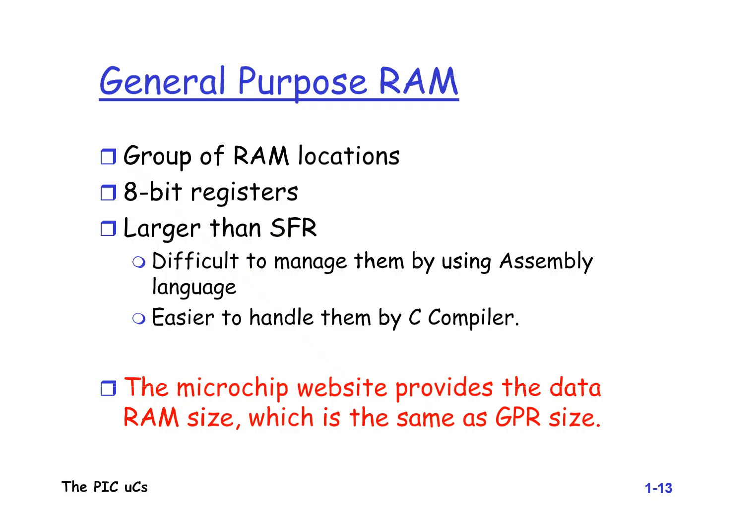General purpose RAM is usually much more than the special function registers, and it's a bit difficult to access a large amount of RAM because we need a large amount of addressable memory, which makes it difficult for the microcontroller because of a limited set of address lines. Therefore, we use some special routines in the C compiler to address a larger size. And we will also study the bank select registers that are used for this purpose.